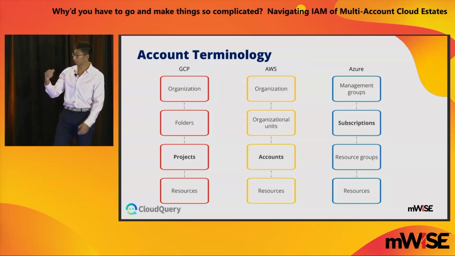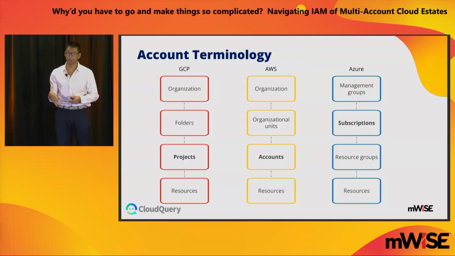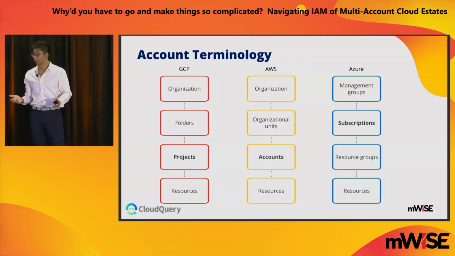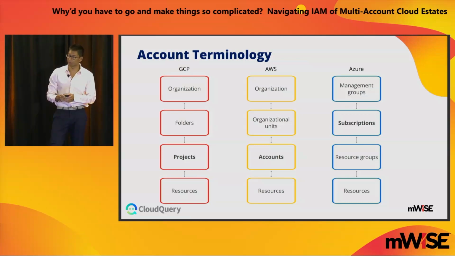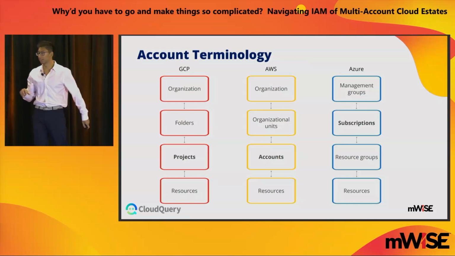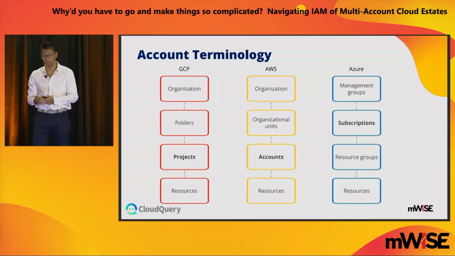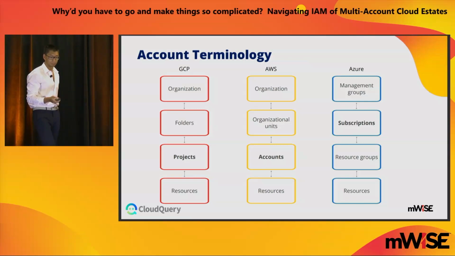In AWS, it starts with resources. It goes up to accounts. It goes up to then organizational units, which are groupings of accounts, and then organizations, which are groupings of OUs or accounts or both. In Azure, we have resources, then resource groups, then subscriptions, which is their terminology for an account, and then management groups there as well.